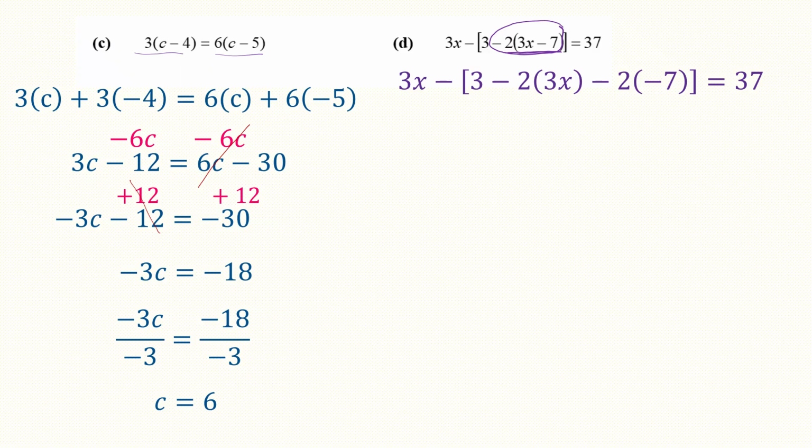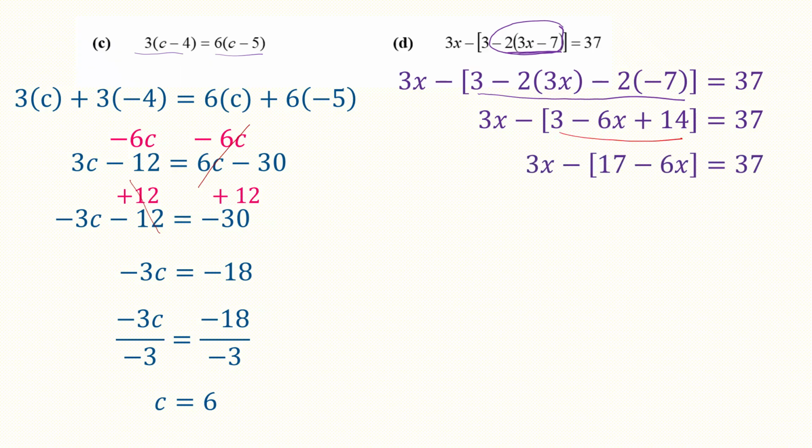Right, so we can simplify all the terms inside your square bracket. Simplify again, because 3 plus 14 gives you 17. And finally, let's manipulate the square bracket by putting a 1 there. So that gives us 3x minus 1(17 minus 1(negative 6)).